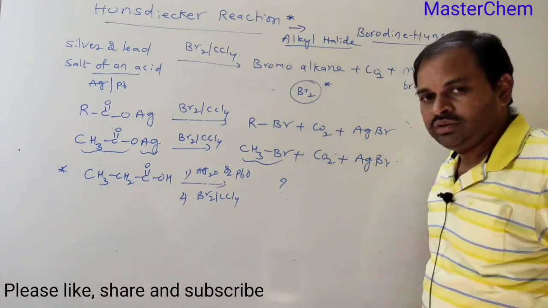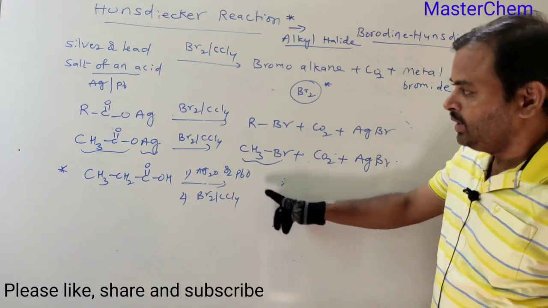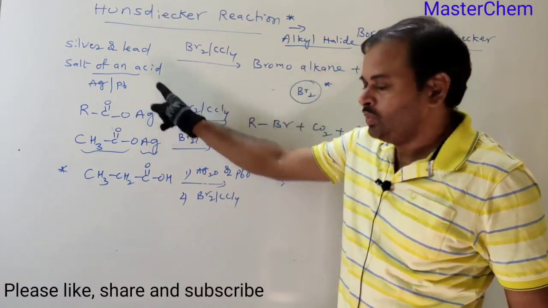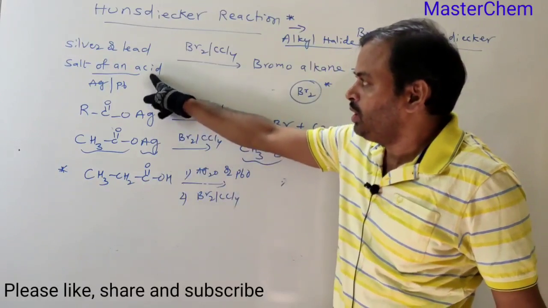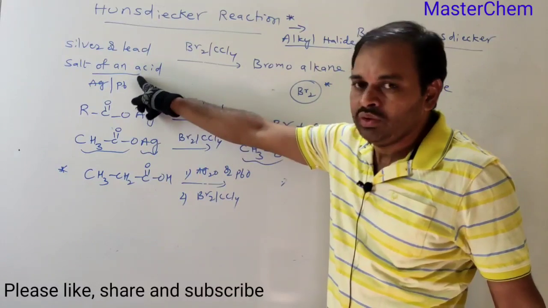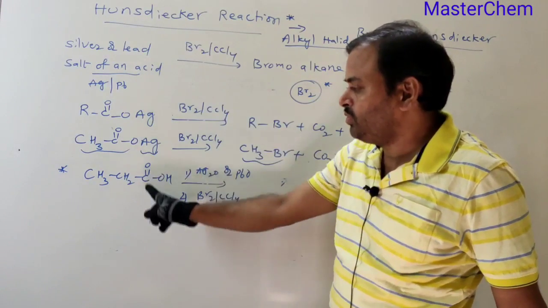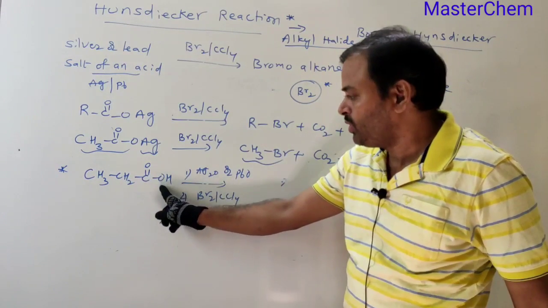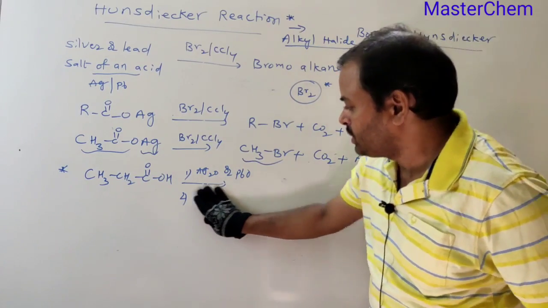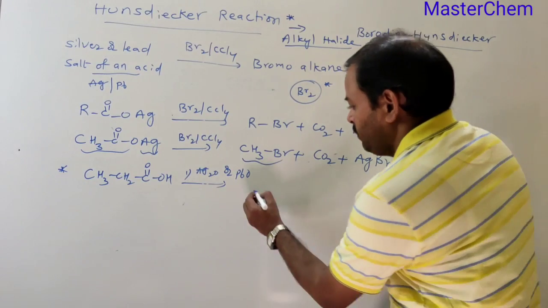What is this conversion? It is the same; this is the prior step. How to get this silver salt from the carboxylic acid? You get the silver salt or lead salt from the carboxylic acid by reaction with Ag2O or PbO.